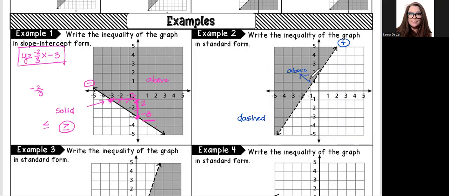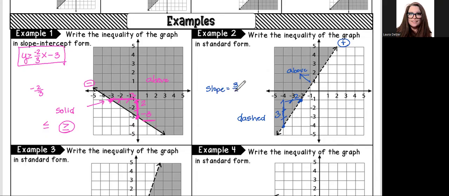I can go ahead and find my slope already if I wanted to. There's a point here and a point here. So I can see I'm going up 3, 1, 2, 3, and then I'm going over 2.